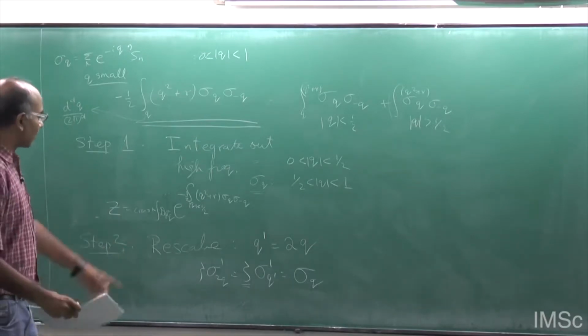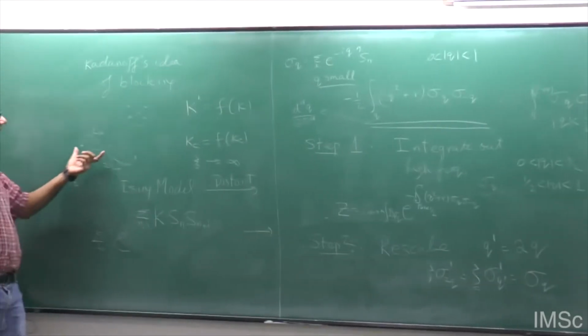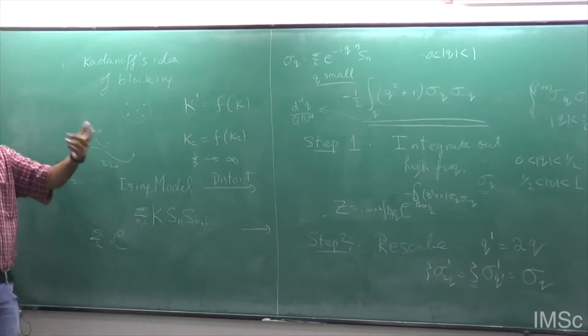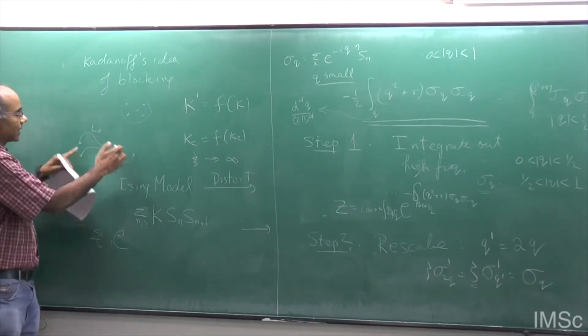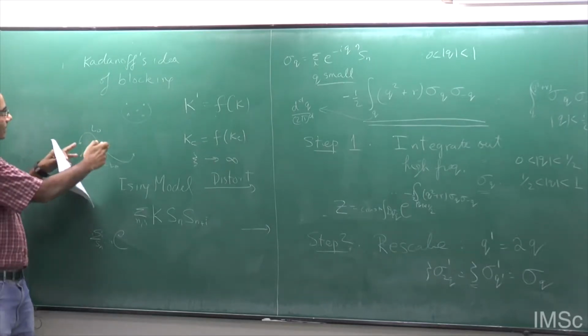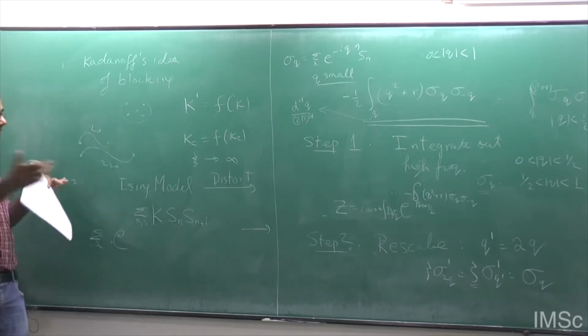So what does it physically correspond to? Here the lattice spacing is L0. Here it's 2L0. So now that the lattice spacing is 2L0, all distances will be measured in these units rather than those units. If you had a distance of 100 L0, in these units it will become 50 times 2L0.